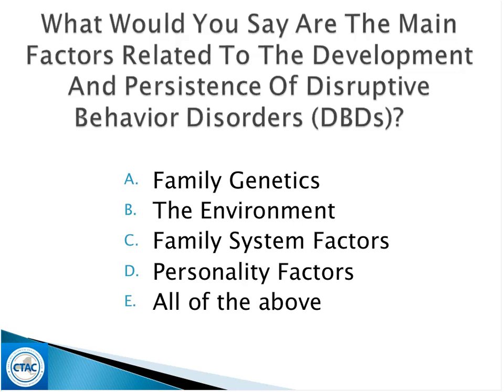Some factors interact with other factors at certain critical periods in a child's development and influence the persistence of disruptive behavior disorders. In fact, there's growing evidence that there are likely not only genetic but epigenetic effects, so the impact of the environment turning on and off certain genes that are related to children's psychopathology in general during pregnancy. So the development and persistence of DBDs is complicated and multifactorial.